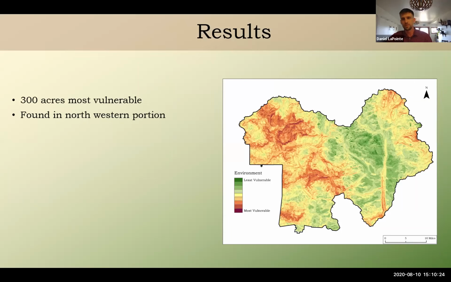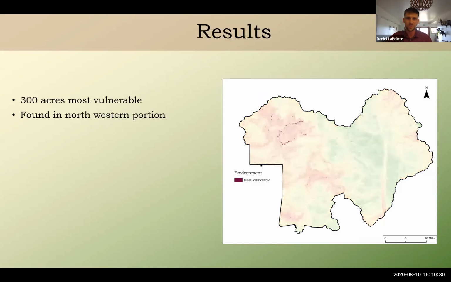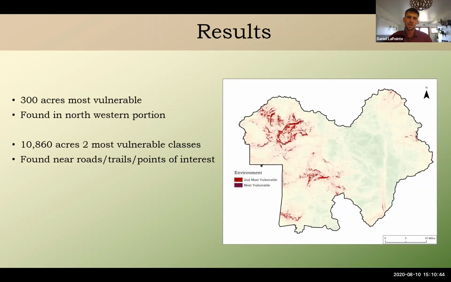So the results from this map show that there are about 300 acres that are most vulnerable, and they can be seen right here. It's a relatively small area when considering Sequoia National Park is over 400,000 acres. It is found in the northwestern portion of the park where there are a lot of amenities, roads, trails, and that sort of stuff. If you look at the top two most vulnerable classes, the area expands to almost 11,000 acres.